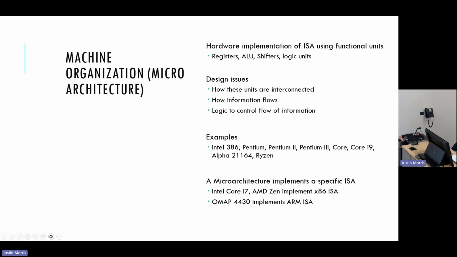Intel also has their Xeon line. They're all implementing x86. And then this processor is implementing ARM. And on a Raspberry Pi, it's an ARM Cortex. So that is implementing ARM. And Apple's M1, M2, and their A line of chips, they're like on A15 or something now, I don't know. Those are implementing ARM.